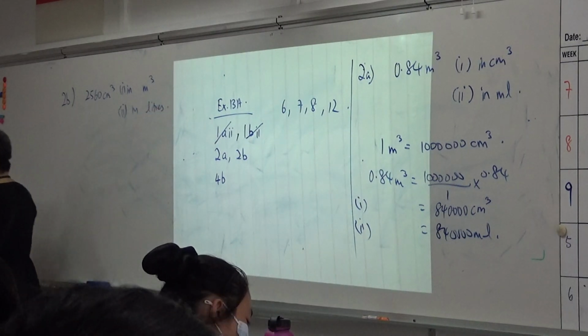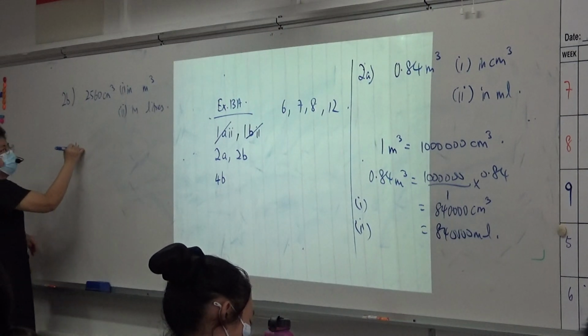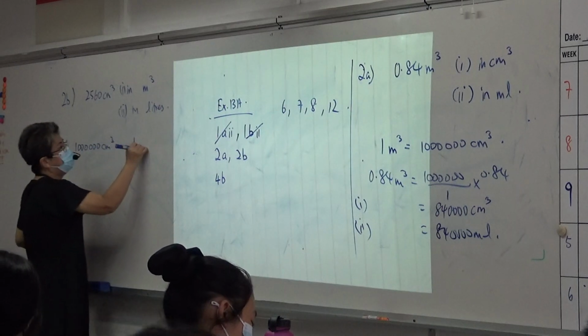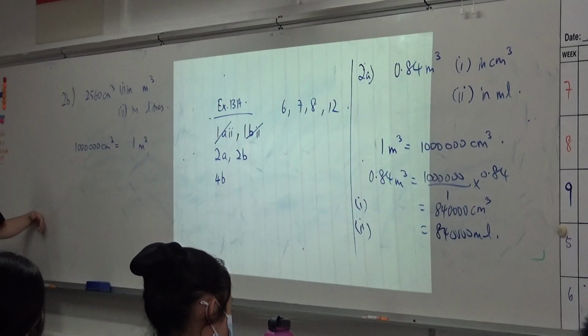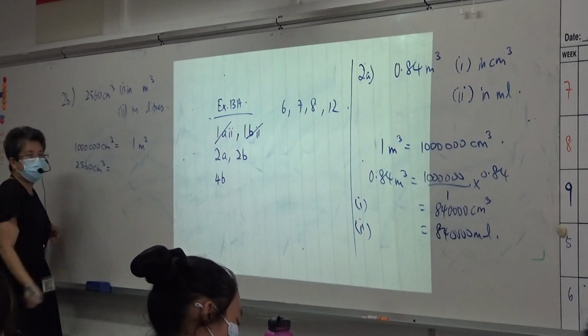Okay, they want this. Now, all of you look up. 1 million cm cube is 1 meter cube, right? So 2560 cm cube is how many meter cube?